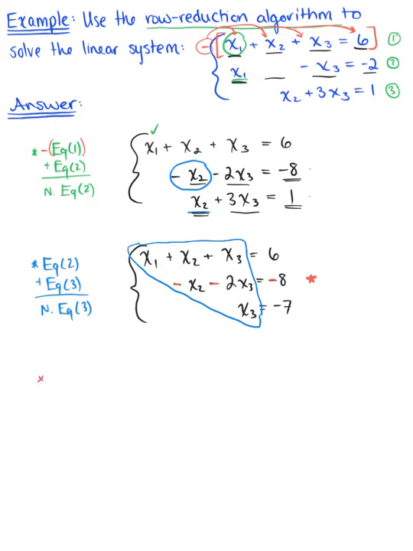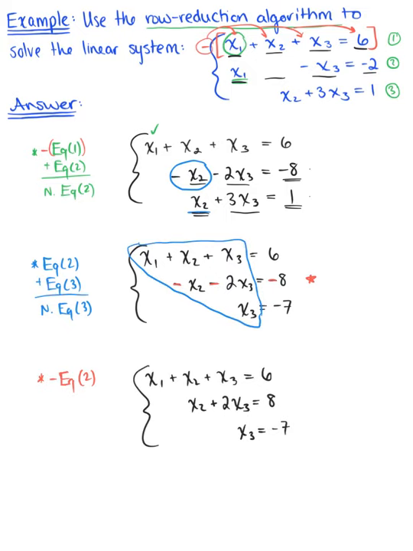So we can even make this nicer by scaling equation 2 by -1. And so this reduces the system to x sub 1 plus x sub 2 plus x sub 3 equals 6. Equation 2 now becomes x sub 2 plus 2x sub 3 is equal to 8. And our third equation is x sub 3 equals -7.